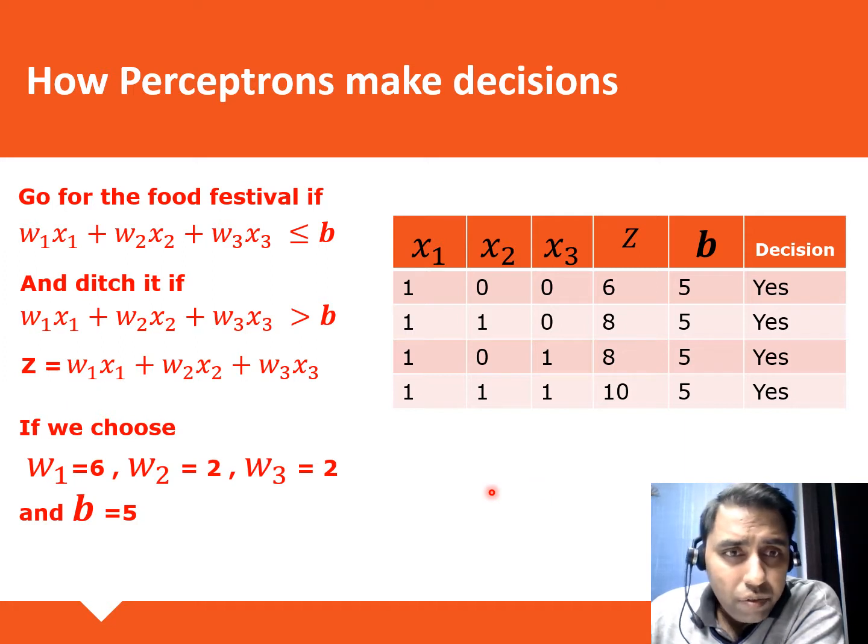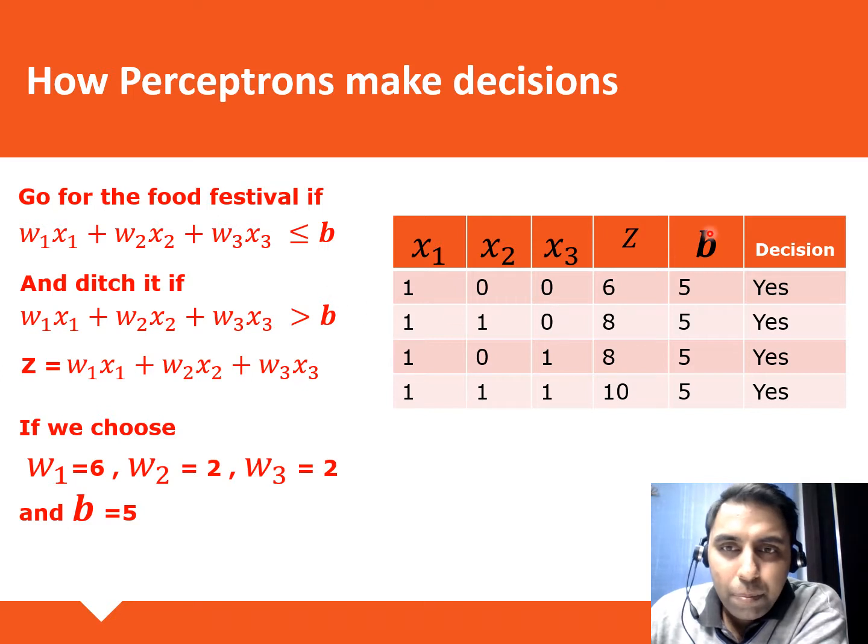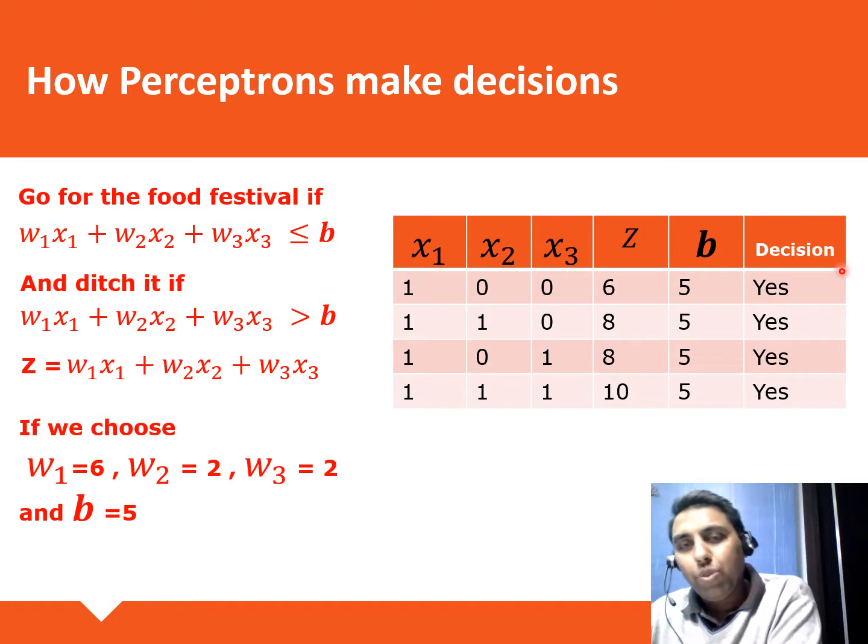What we are doing is computing this linear combination, calling the linear combination itself Z, and we'll compare Z with B and then see what the decision comes out to be.